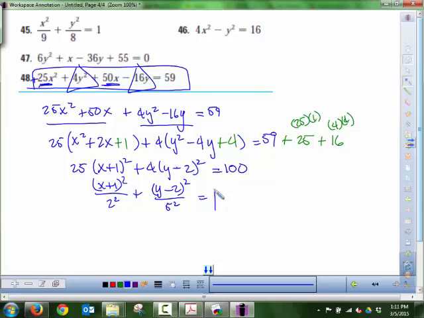So the very center of this ellipse is what? The center of the ellipse is -1, 2. That's your x naught, y naught. We need to identify a few things before we can do the foci and directrix and stuff like that.